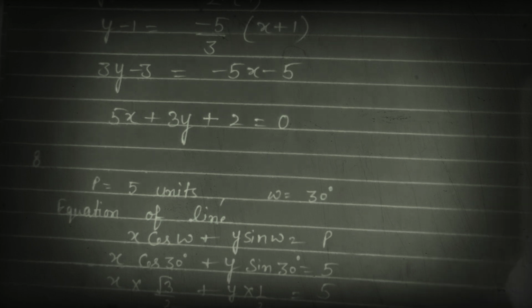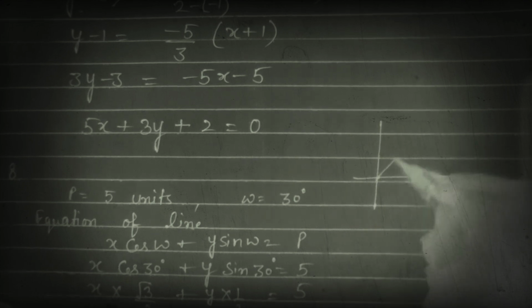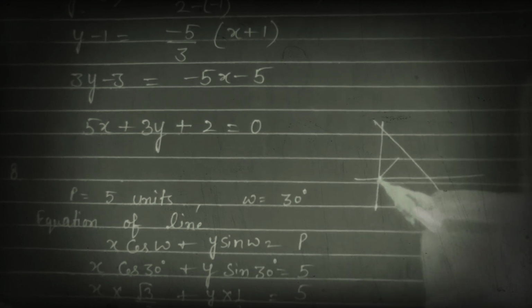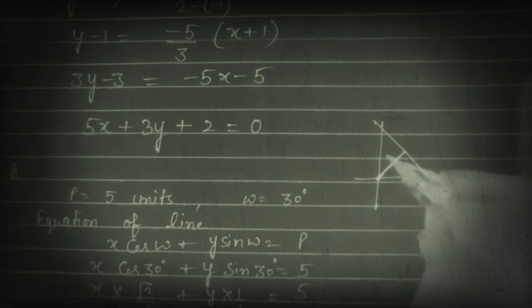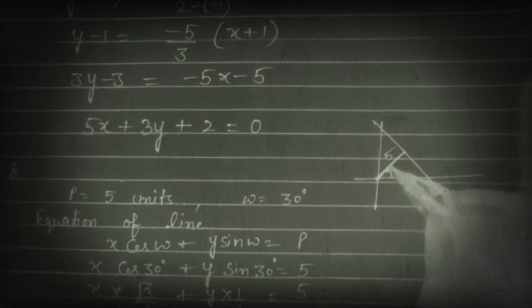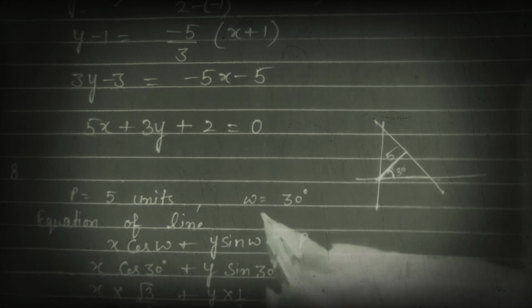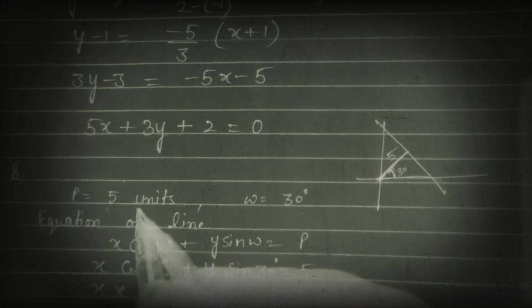Here we have to find the equation of a line whose perpendicular distance from origin is 5 units, this is P, and this perpendicular makes an angle of 30 degrees with the positive direction of the x-axis. So omega is 30, P is 5 units.